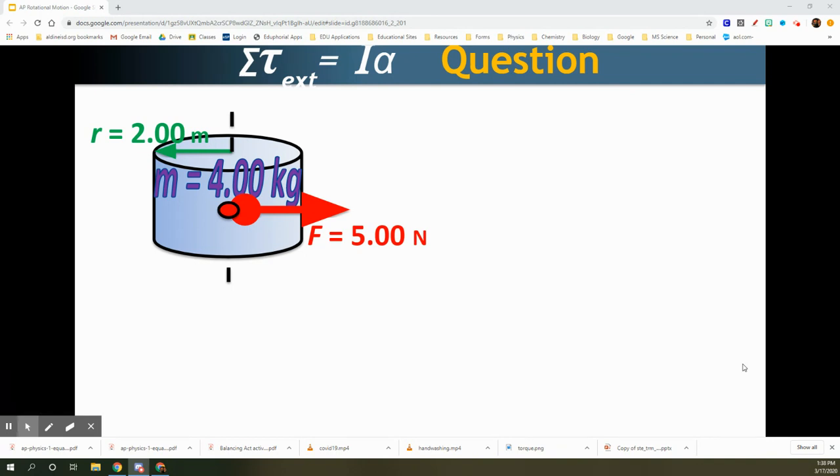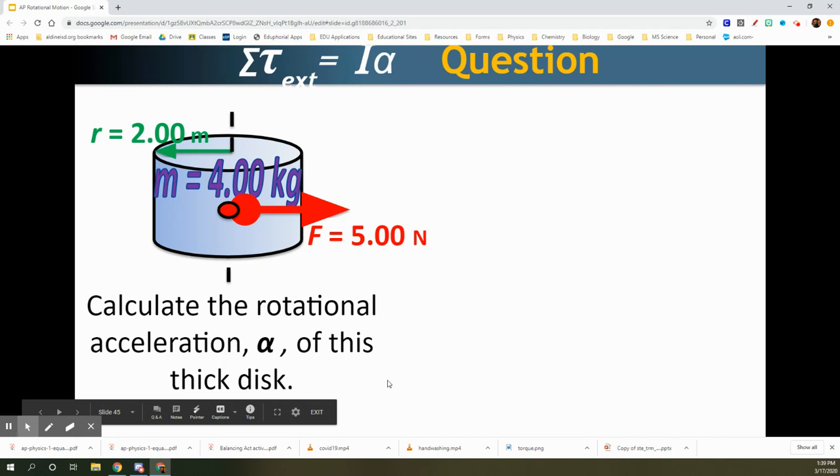Okay, here's a problem we can solve to let us know what these questions are going to look like on Newton's second law for rotational motion. This problem wants us to calculate the rotational acceleration, or alpha, of this thick disk.